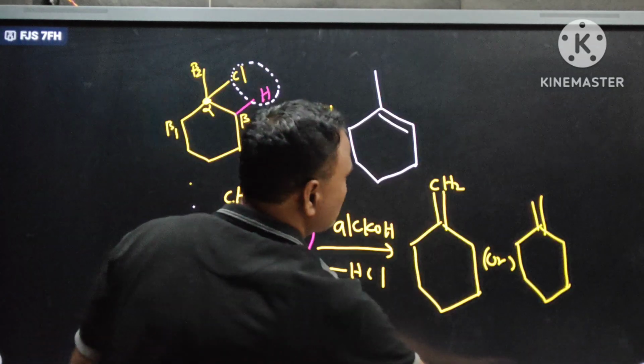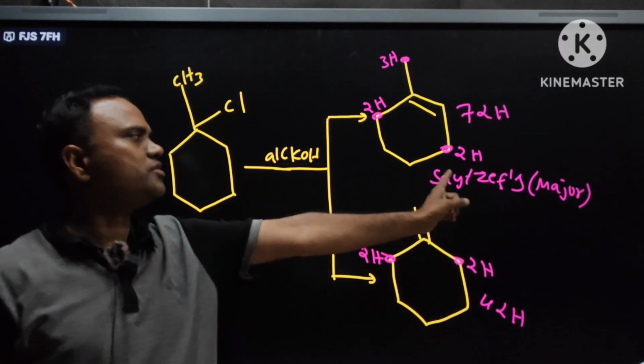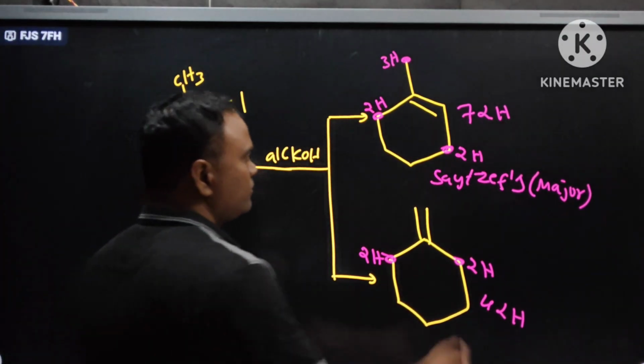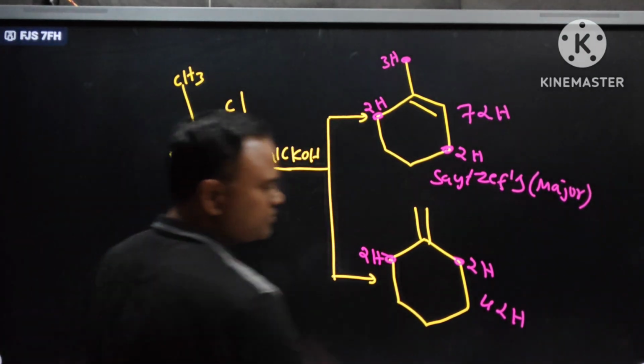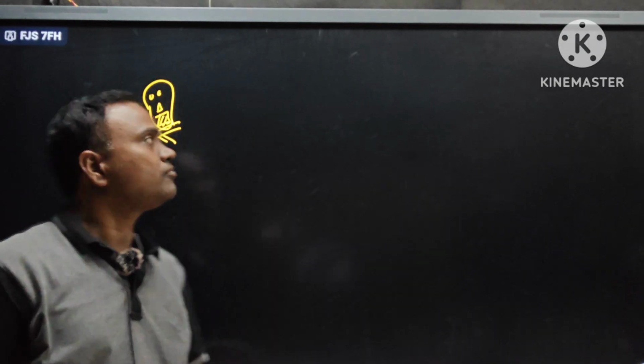I already gave it here. Already mentioned: major product, Saytzeff's product. For this I explained the mechanism, right? Note down, 2 to 3 points are there, right?